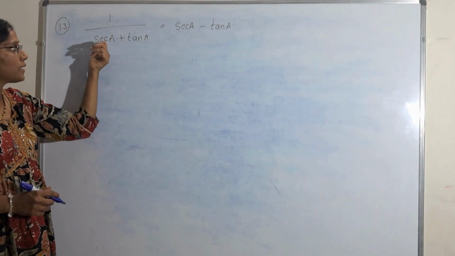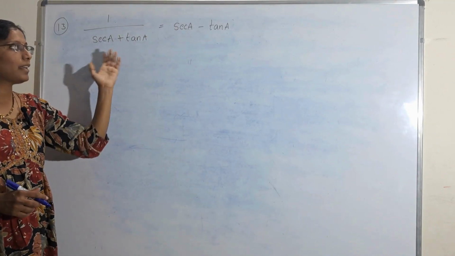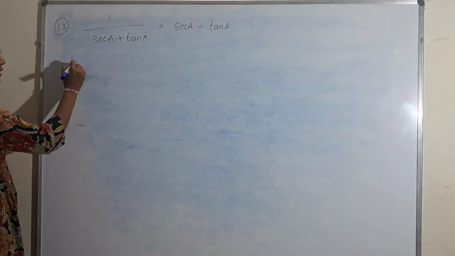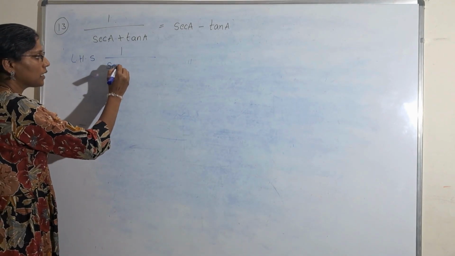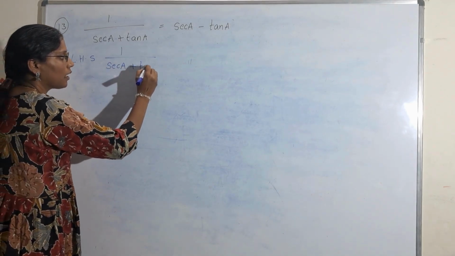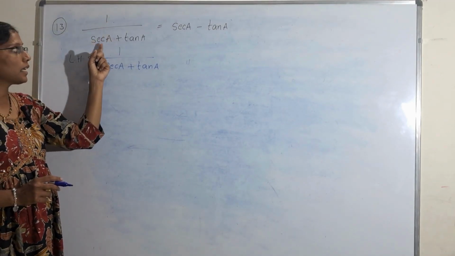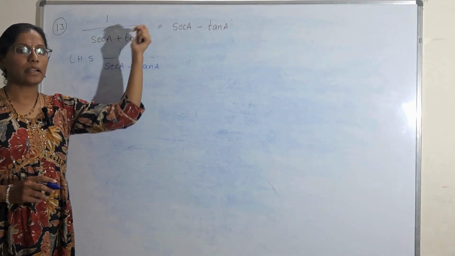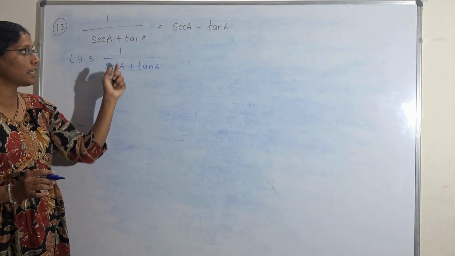Next problem is the 13th one. Here 1 by (sec A plus tan A) equal to sec A minus tan A. In both LHS and RHS we have sec A and tan A. I will consider LHS.